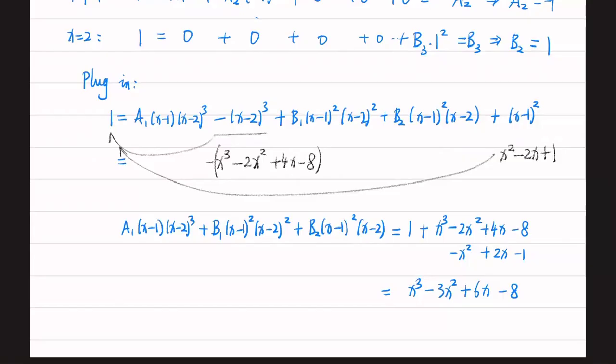X equals 1 minus 3 plus 6 plus 8. So the sign is incorrect. Let me check what happened.